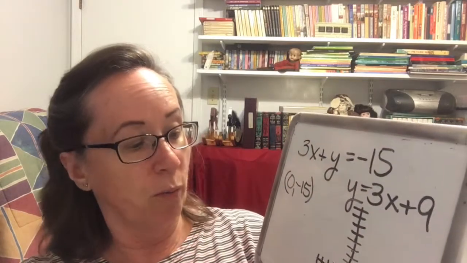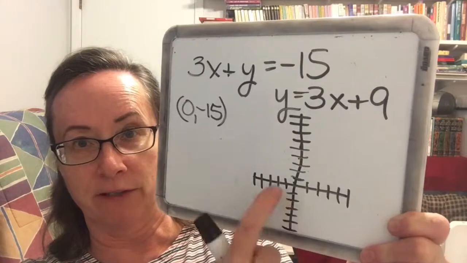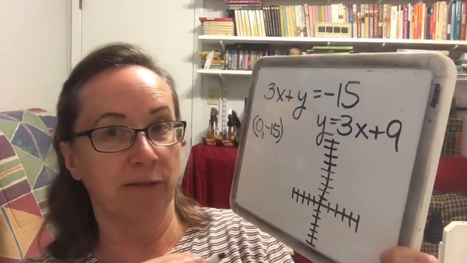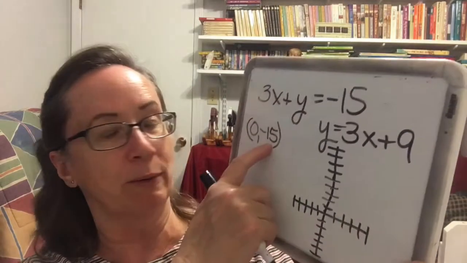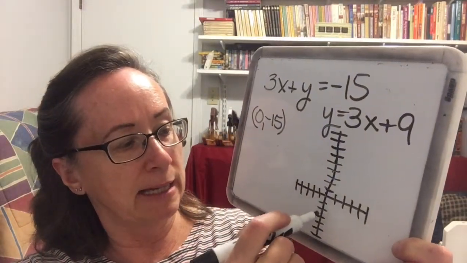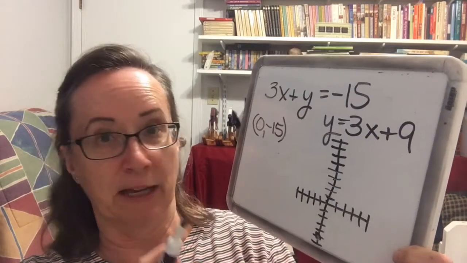I need to adjust my graph. I tell you what, we're going to count by threes on this graph because you see I don't have enough room to go down. So we're going to make each hack mark 3 so that we get a fairly accurate graph. So if we're going down 15, we're going to go 3, 6, 9, 12, 15. So that will be down 15 and we will adjust.